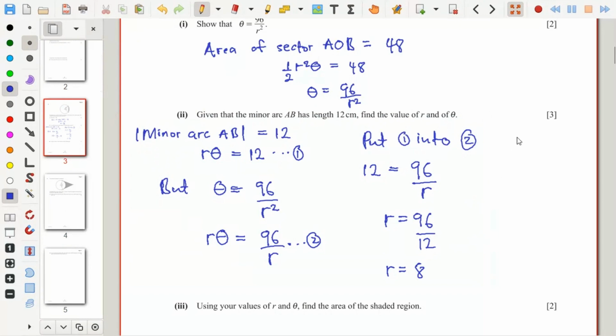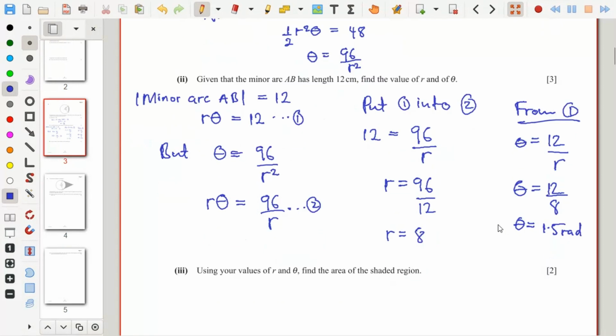Now from equation 1, we can now say that theta is equal to 12 over r. Mind your r is 8, so this should give us 3 over 2, which is the same as 1.5 radians. All right, and bring my centimeters here.